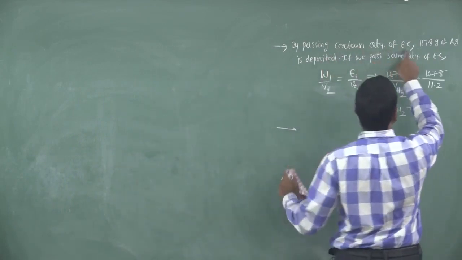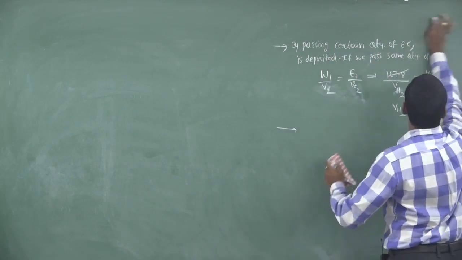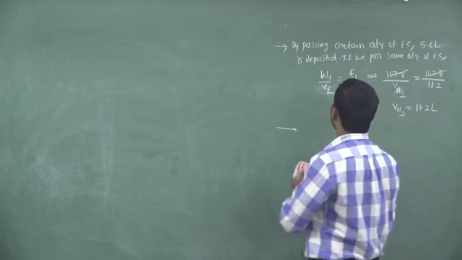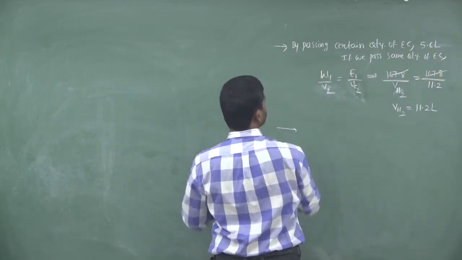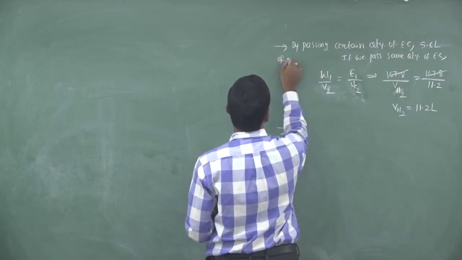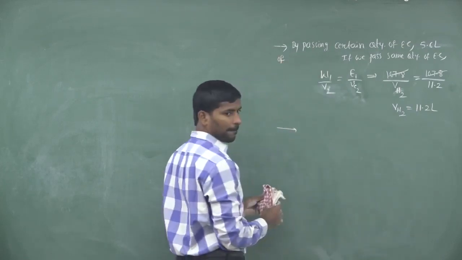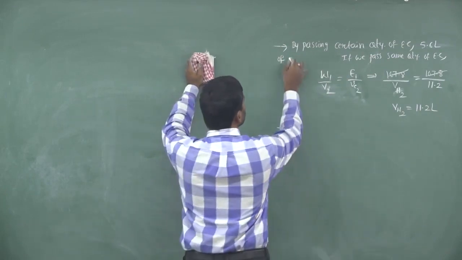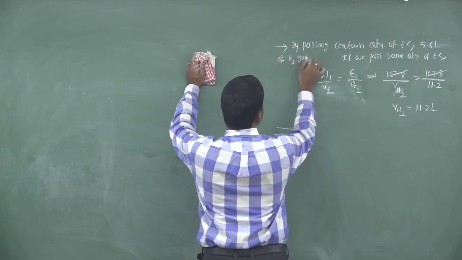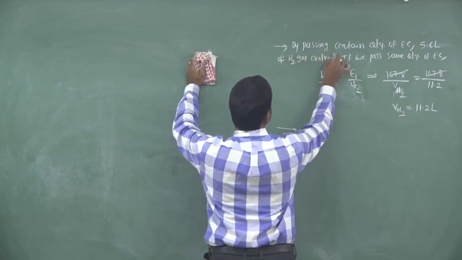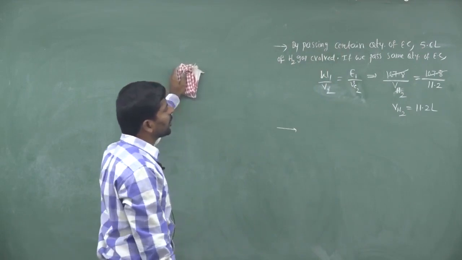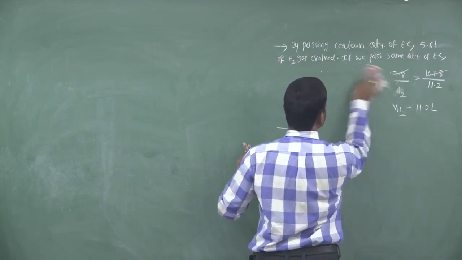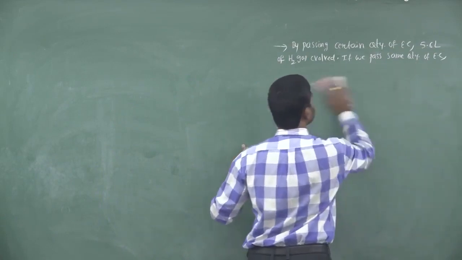For example, by passing a certain quantity of electric current, 5.6 liters of hydrogen gas is evolved under STP conditions.